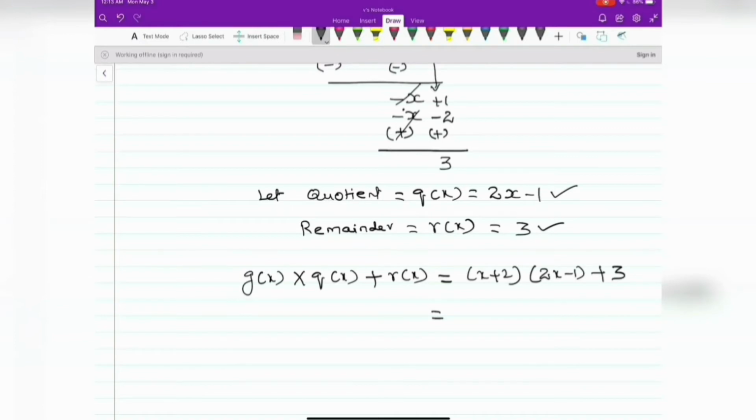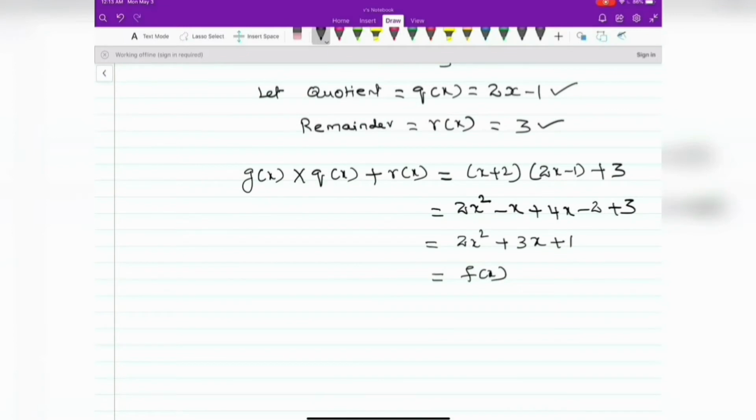Let me multiply term by term. I will be getting 2x square minus x plus 4x minus 2 plus 3. When I collect the like terms, I will be getting 2x square plus 3x plus 1, which is nothing but f of x. That is your dividend.